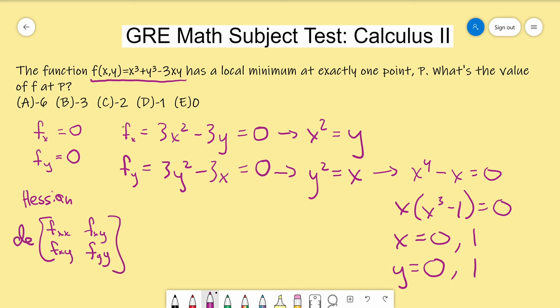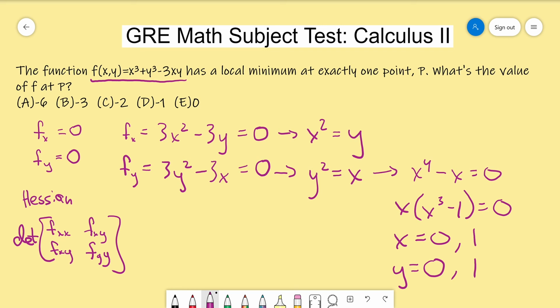If we take the determinant of this matrix and evaluate it at a certain point, and it's negative, then we have a saddle point, and if it's positive, then we have to check. If fxx is also positive, then we have a local minimum.